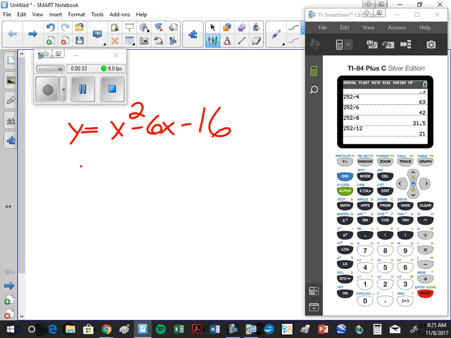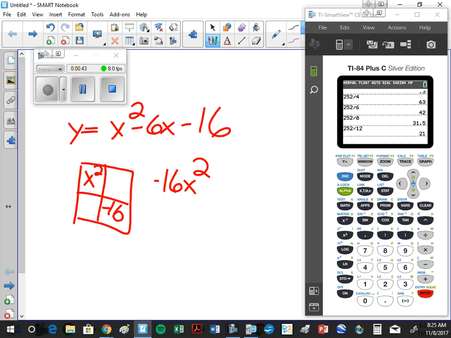Well, we use the box. We stick x squared in, and we stick negative 16 in, and we multiply those, and I get negative 16x squared. And I'm looking for numbers that multiply to be negative 16 and add to be negative 6.